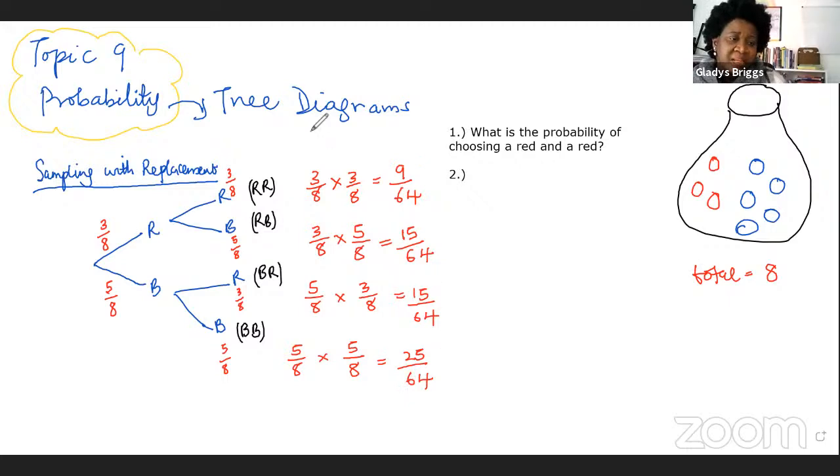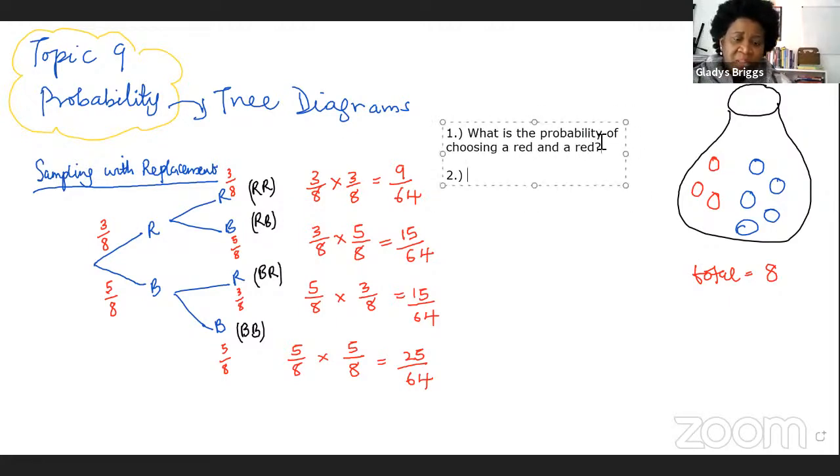Now, sometimes the question might be different. It might ask you, what is the probability of getting the same color?